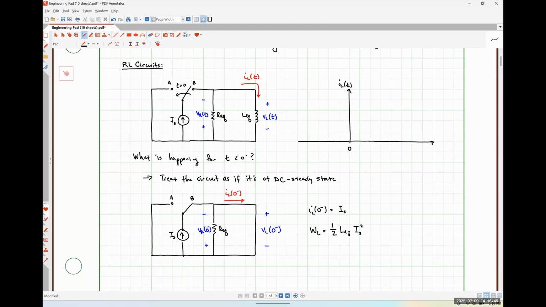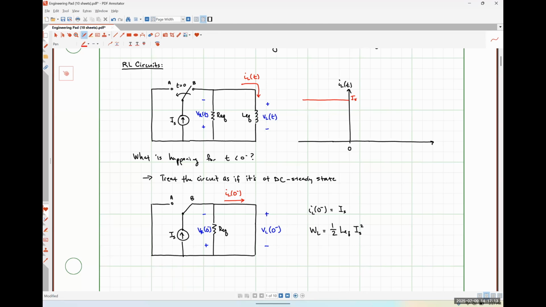We just analyzed this circuit and found that our inductor current was some constant value of IS up until the point t is equal to 0 minus, so we are approaching 0 from the left.